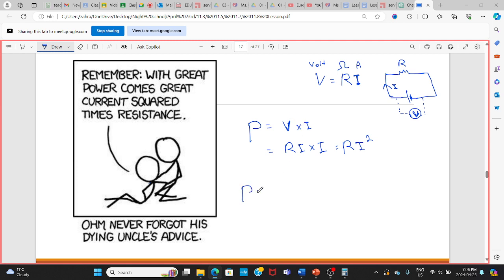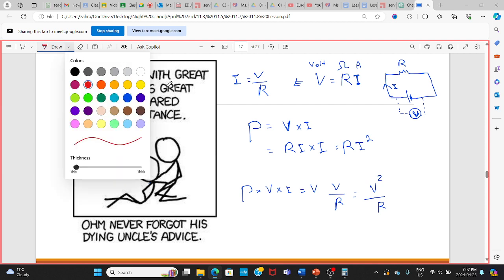We could do another thing here. Again, I'm just writing down power is voltage multiplied by I. I can rearrange this equation and say I is equal to voltage divided by R, right? So instead of the I I put voltage divided by R. So we'll have V to the power 2 over R. So this is another handy equation.